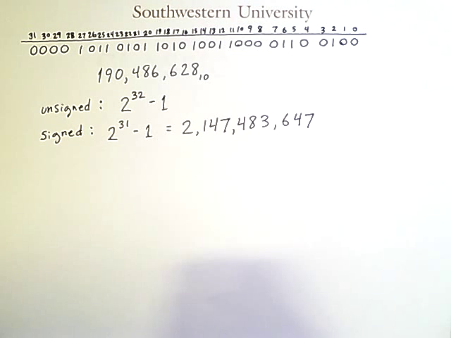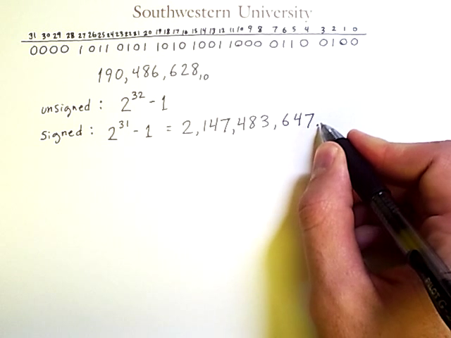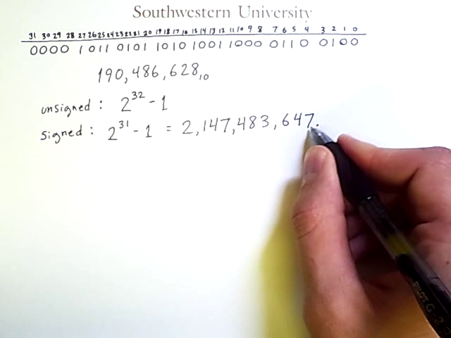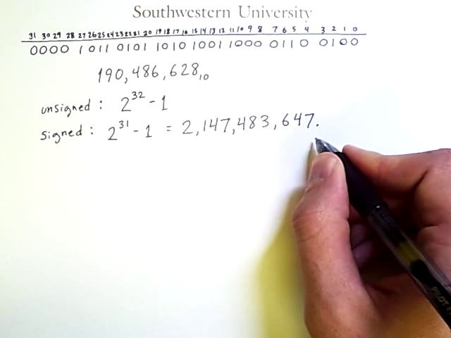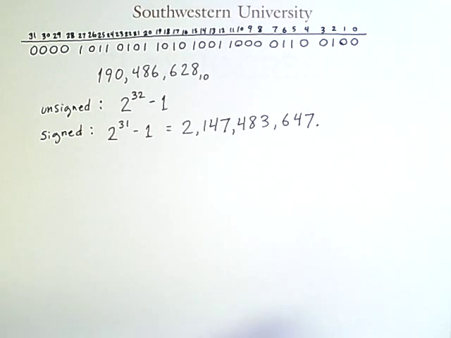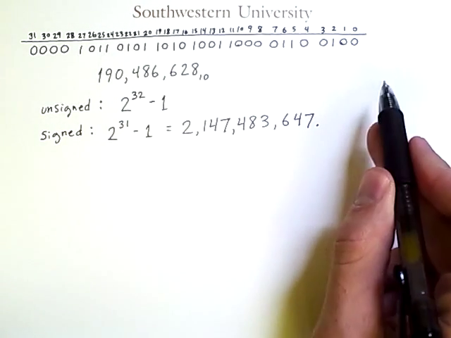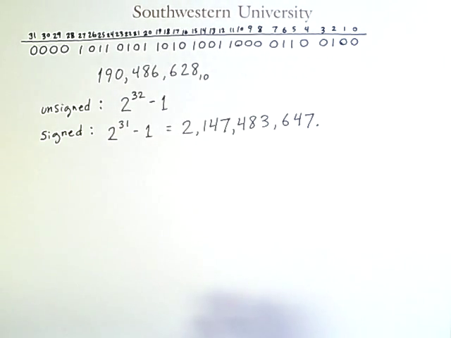However, as large as that is, we might want to do computations with larger numbers. Additionally, and perhaps more frequently, we sometimes want to do computation with fractional numbers, or numbers with digits to the right of the ones position. And we can't do that if we use all of these bits in this fashion.